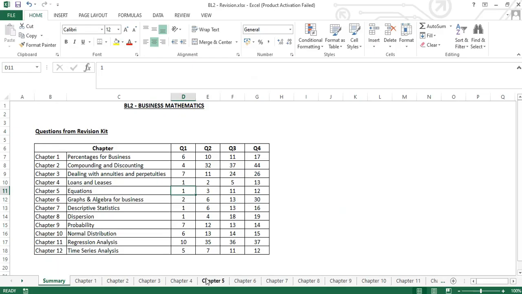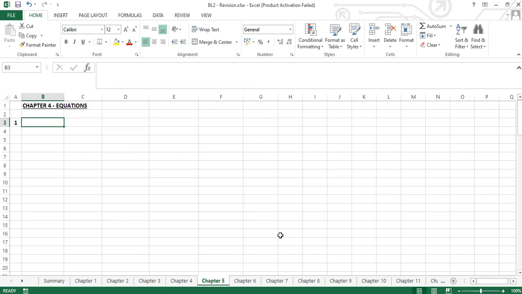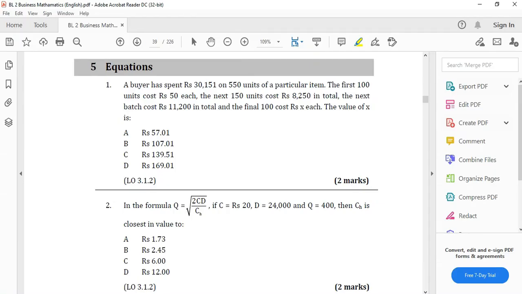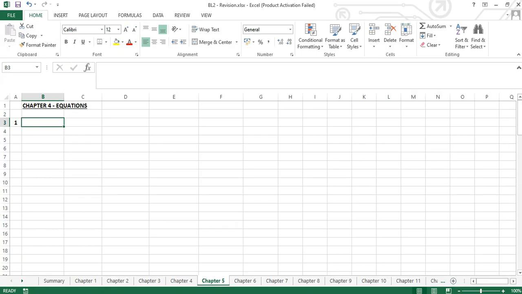So let's draw this up. The total cost is 30,551. Total units is 550. Now these 550 units have been divided into batches.